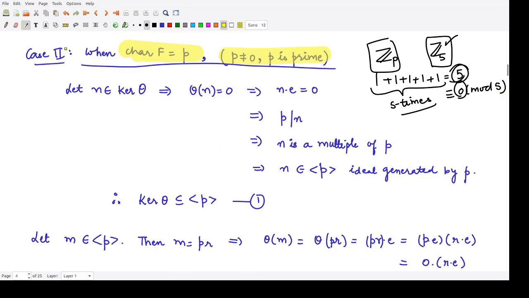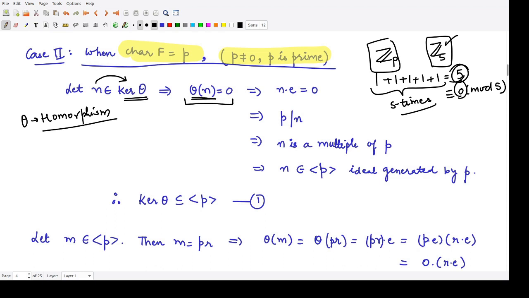So for that we have shown that the mapping θ is a homomorphism. Remember, we have shown that this preserves the structure, and now we will see what about the kernel of this mapping in this particular case. So we assume that it contains an element n, so we can write θ(n) to be 0 by the definition of kernel.